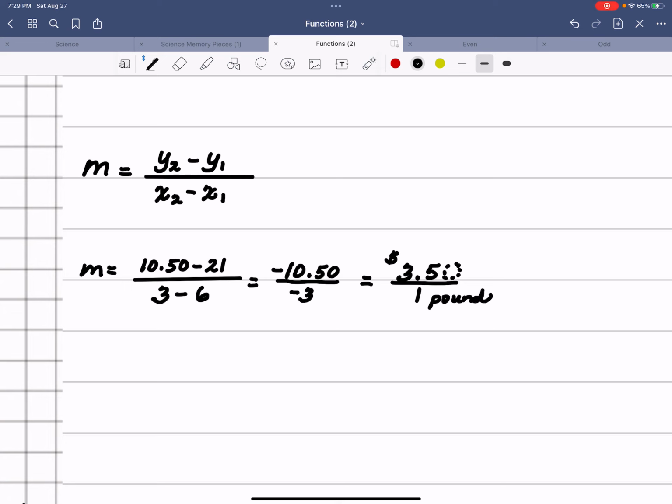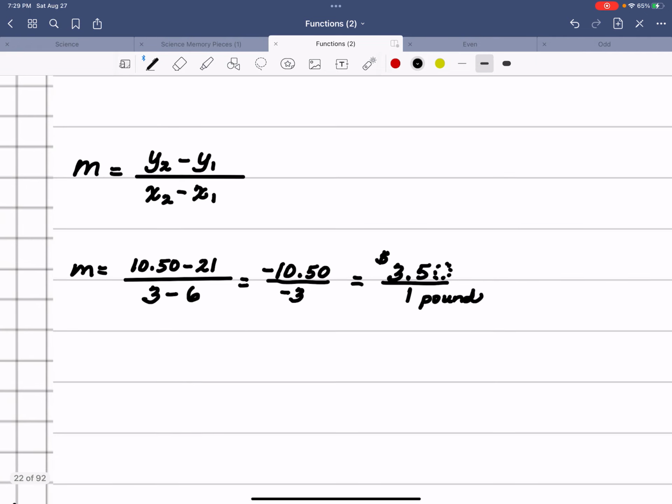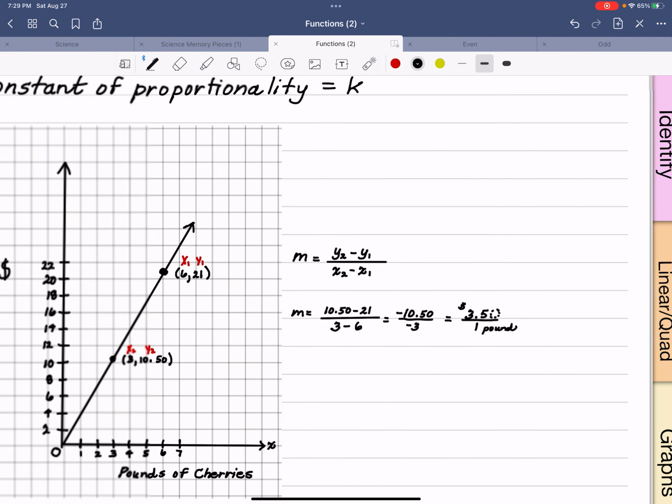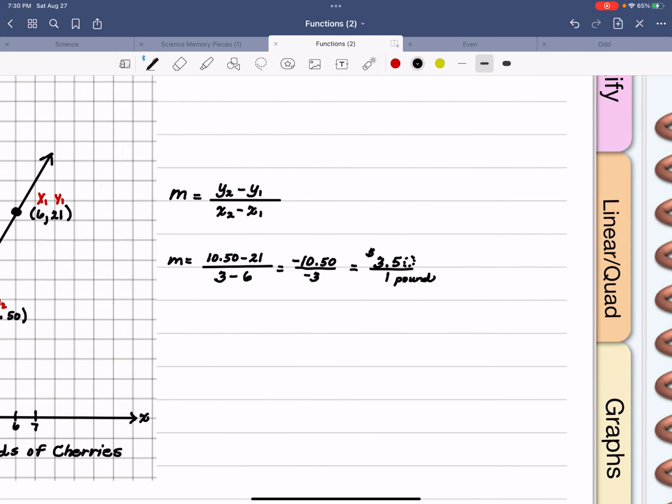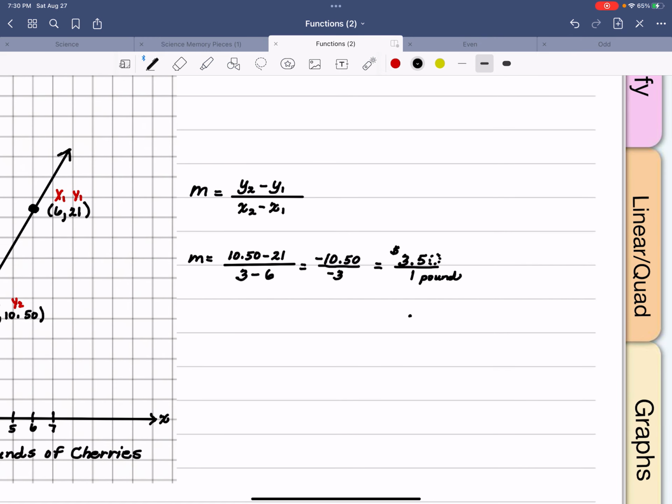All right. Stop the video if you need to until you get that slope. That's very important that you get the right slope. Okay, here's what you need to know. 3.5, actually, let's put it in point form.